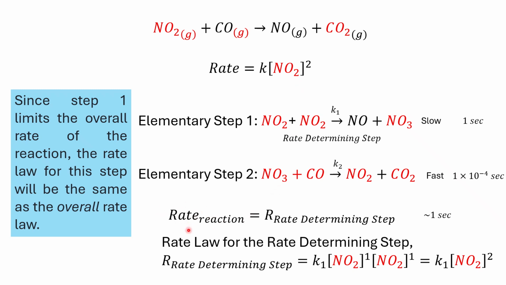So the rate of the reaction is equal to the rate of the rate determining step, elementary step 1. Therefore, the rate law is equal to k1 multiplied by the concentration of NO2 to the power of 1, multiplied by the concentration of NO2 to the power of 1, equals k1 multiplied by the concentration of NO2 to the power of 2. So it is a second order reaction.